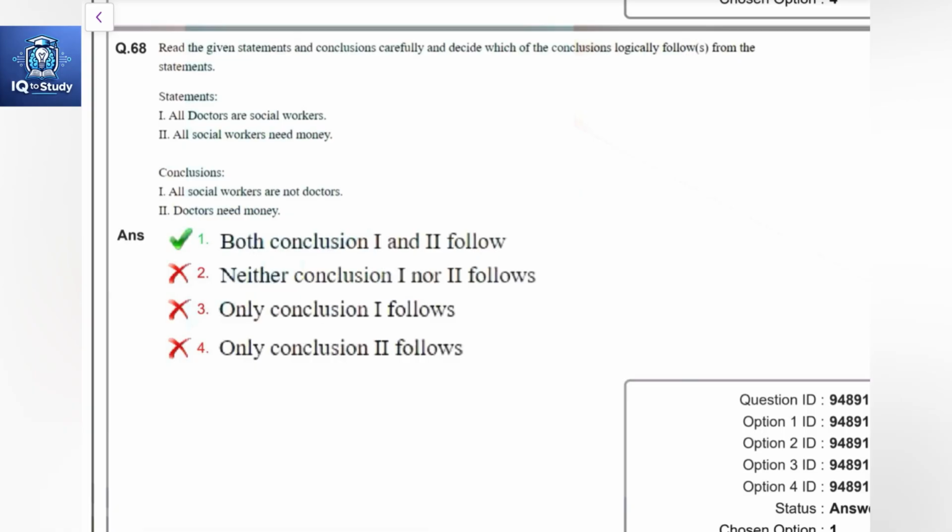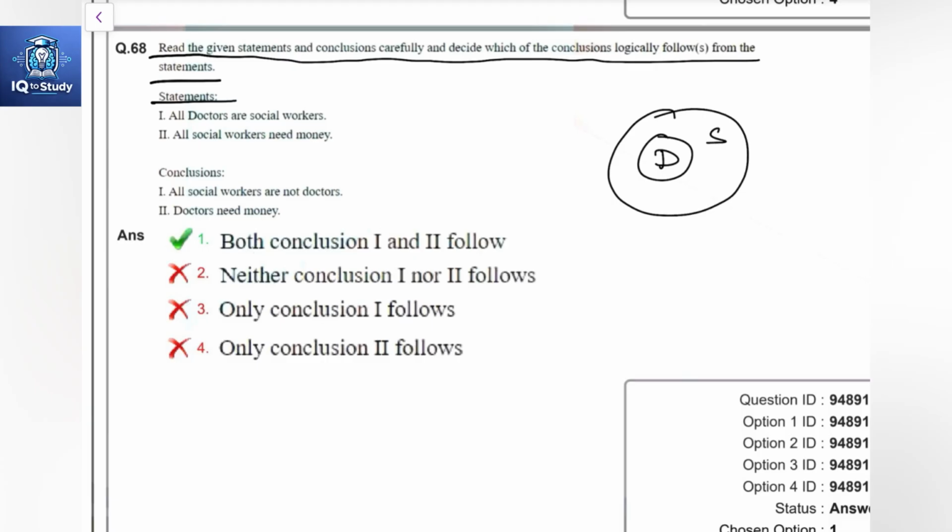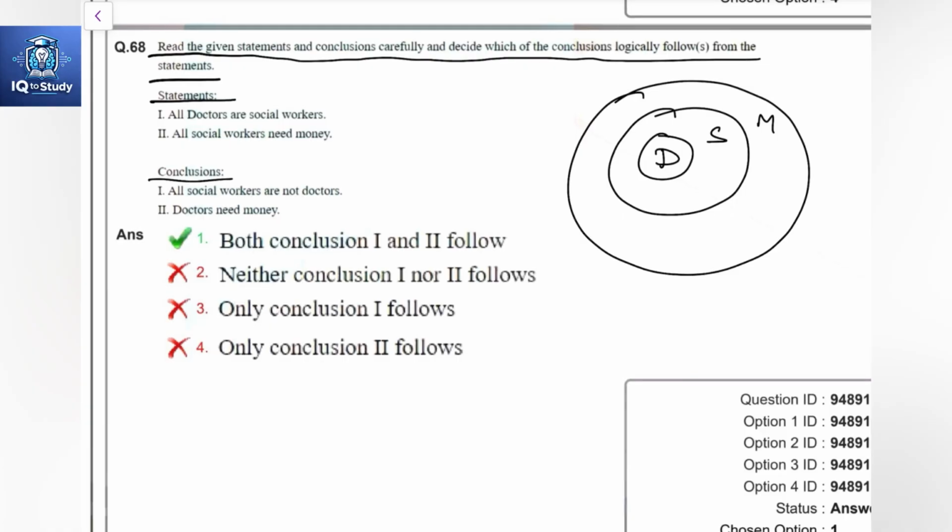Read the given statements and conclusions carefully and decide which of the conclusions logically follow the statements. Given statements are: all doctors are social workers, all social workers need money. And conclusions are given as: all social workers are not doctors.